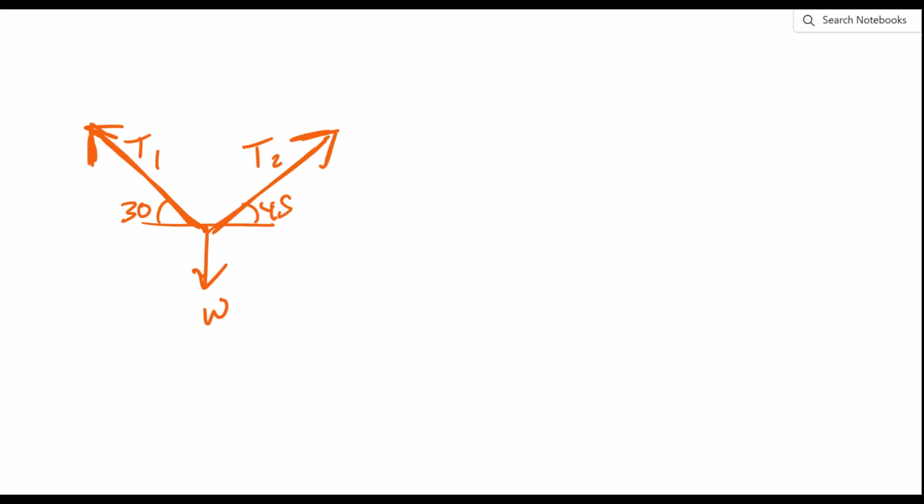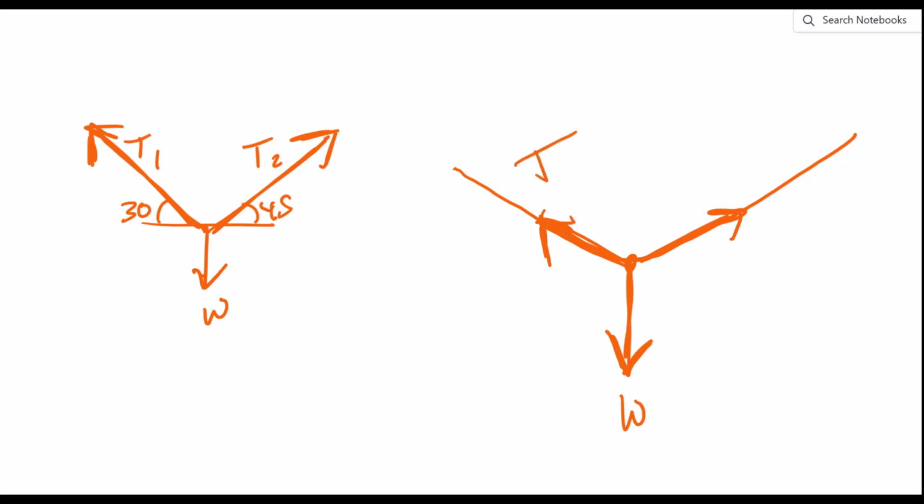Great. Whereas if you have a tightrope walker on one rope and he's standing there, then you have the weight of the tightrope walker, and since this is the same rope, the two tensions are the same, I guess.